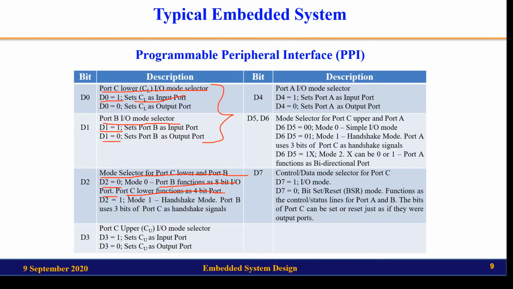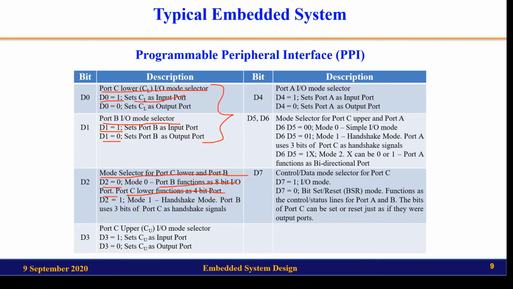D3 equal to 0 indicates that it is an output port CU, that is port C upper, and D3 equal to 1 indicates that port C upper is an input port. As I told earlier, for any of the ports, if we have the bit as 0, we call it an output port, and if we have 1, we call it an input port.